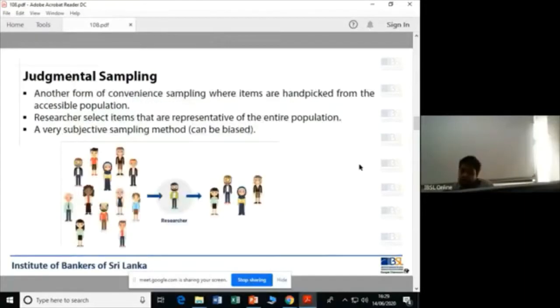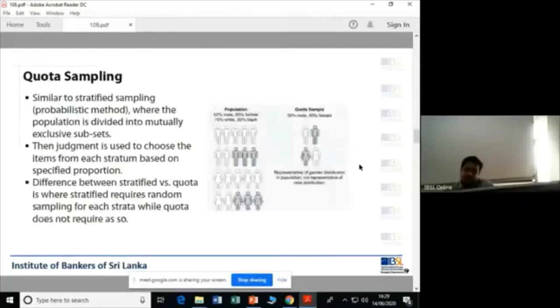Judgmental is to use your expert judgment, or somebody else's expert judgment, to select a set of data points for your sample from the population. Quota sampling is where, based on your prior knowledge of the population, you can assign a quota to be represented in the selected sample.